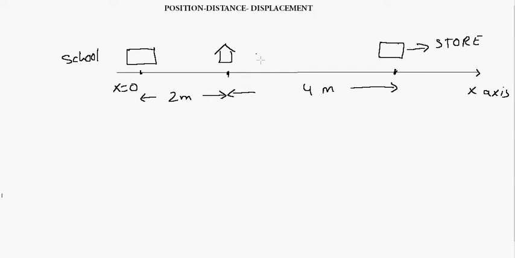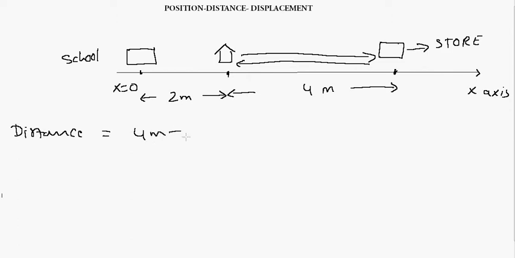Now if you travel from your house to the store and back, the distance traveled is the total length of travel, which is 4 meters plus 4 meters, 8 meters.